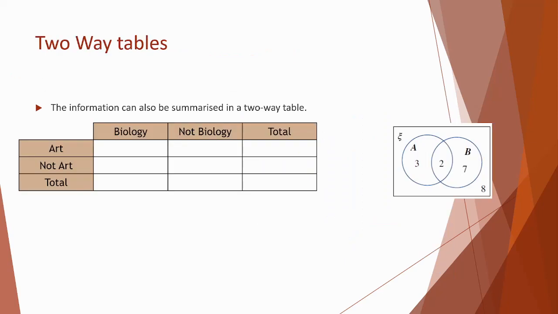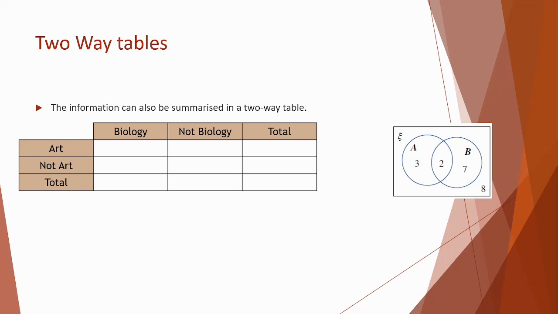So let's create a two-way table from our Venn diagram. A two-way table is another way of showing that information. Across the top, I've got my event B's, so biology and not biology. And down the side, I've got my event A, art and not art, or the complement of art. I've added in an extra row and an extra column for the total for each.